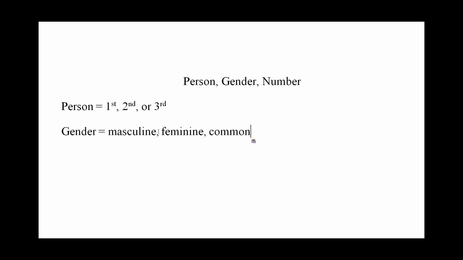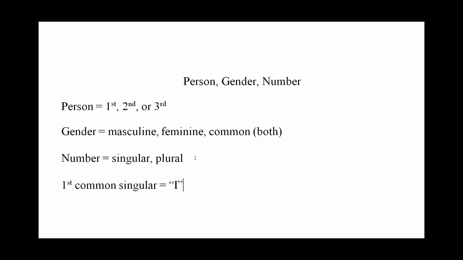Gender is masculine, feminine, or common, which means both masculine and feminine. And then finally we talk about number. Number is going to be singular or plural. So for example, first common singular equals I, and first common plural is we.